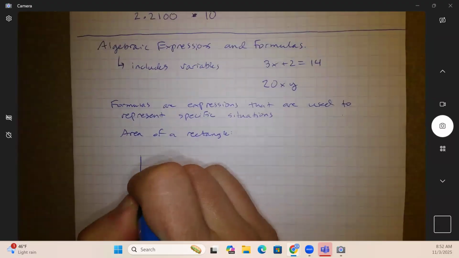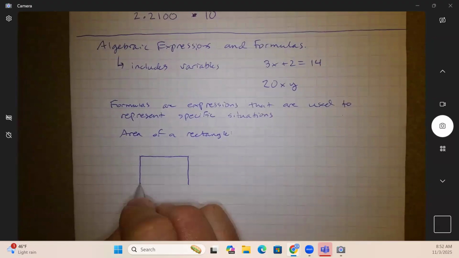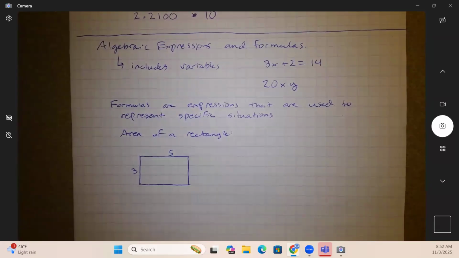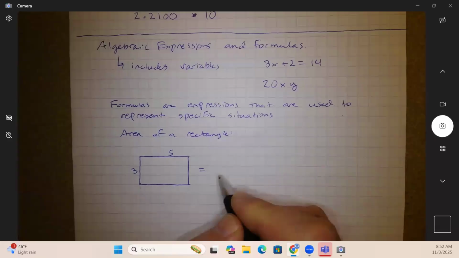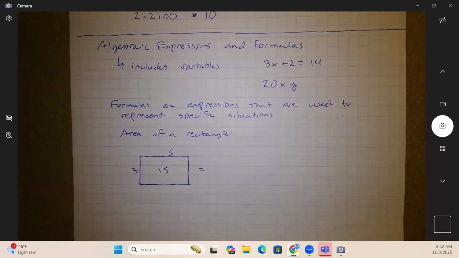And this is nice because we've actually done this before when we were multiplying. If I want the area of a rectangle that's length 3 on one side and length 5 on the other, I know that there are 15 little squares in there.